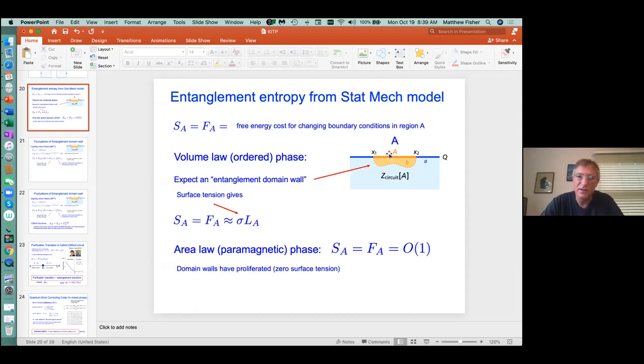When one has a change of boundary conditions in this region A, there will have to be some sort of domain wall that separates the two phases in this spin model.